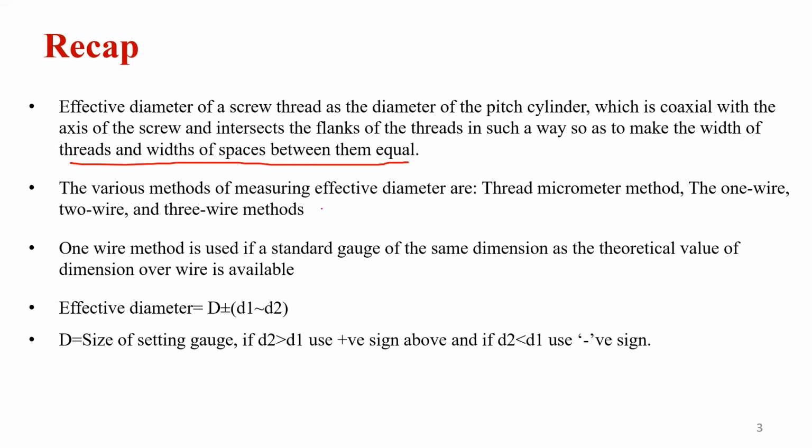So what are the various methods for measuring the effective diameter? We use the 1-wire method, 2-wire method, and 3-wire method, and also the thread micrometer method. The 1-wire method is used if a standard gauge of the same dimension as the theoretical value of the dimension over the wire is available.